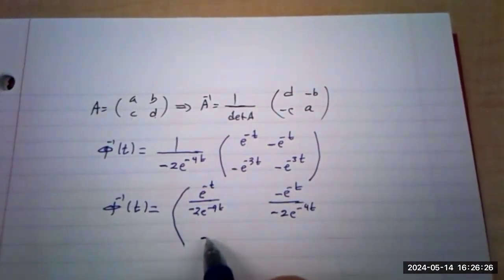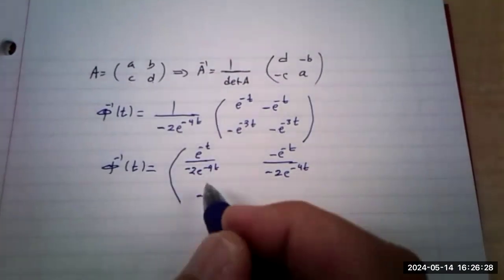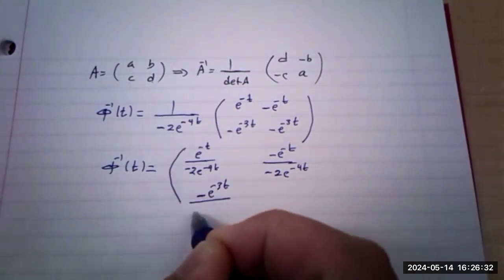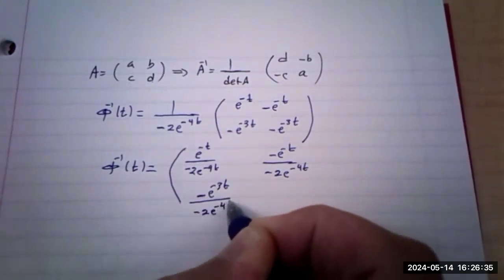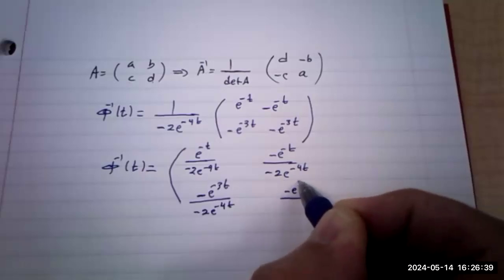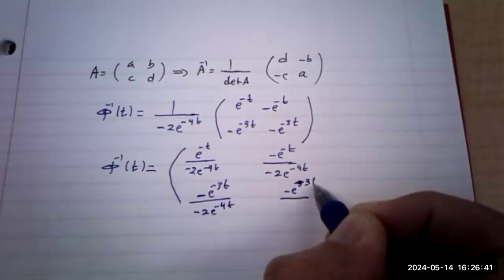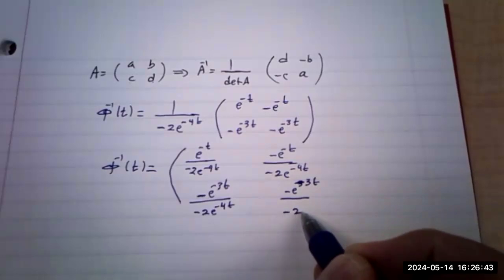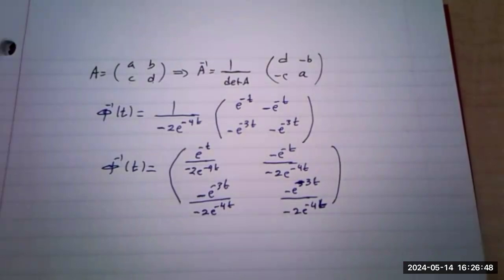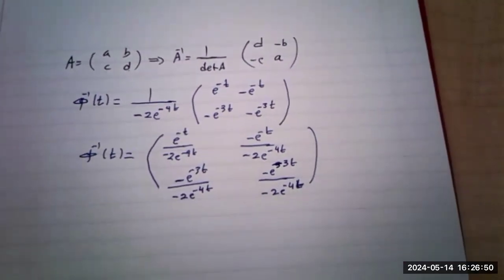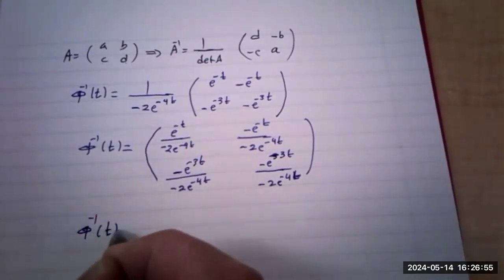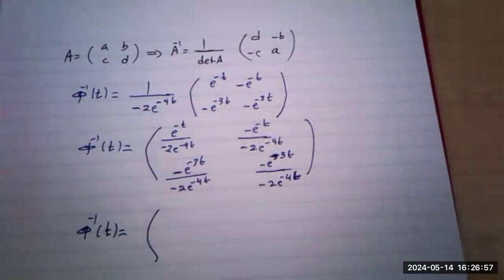And this is going to be negative, and that's a -e to the -3t divided by -2e to the -4t, and this last one would be -e to the -3t over -2e to the -4t. And bring the e to the -4t up and simplify all of them. Okay, so phi inverse of t is going to be, I write it down.